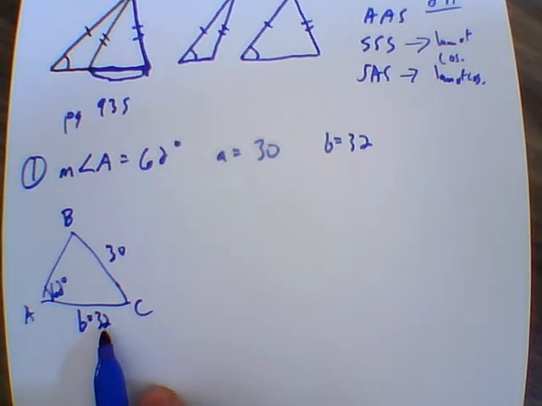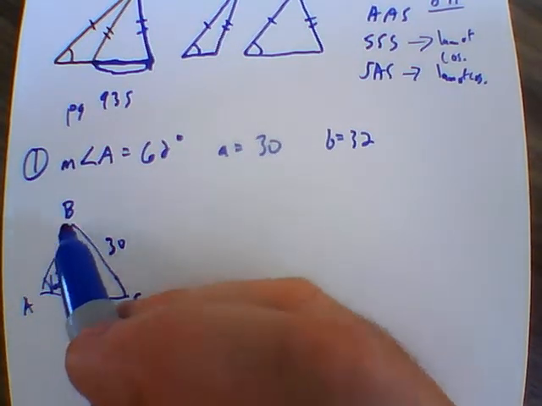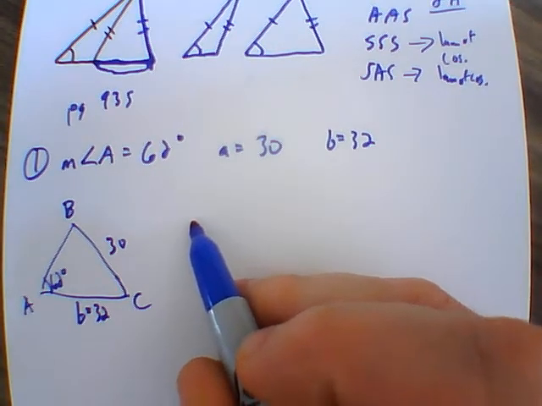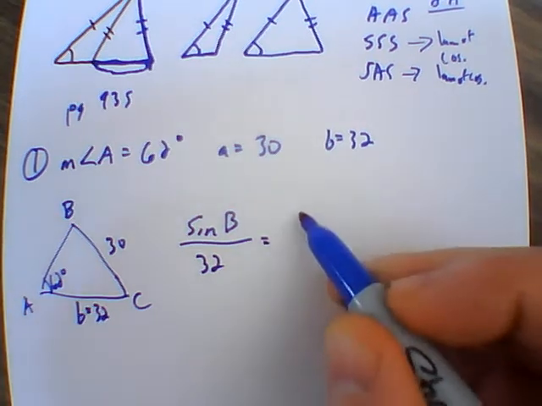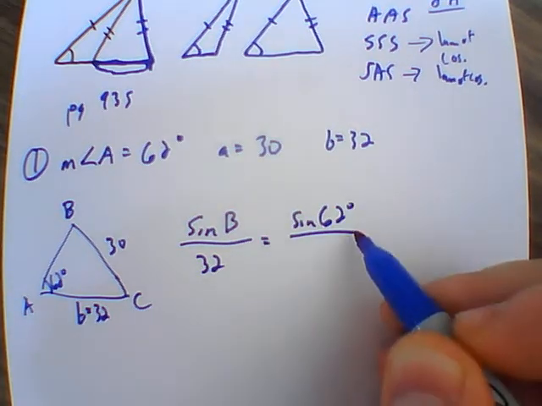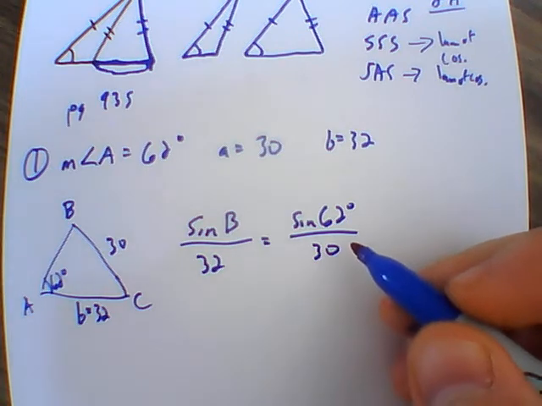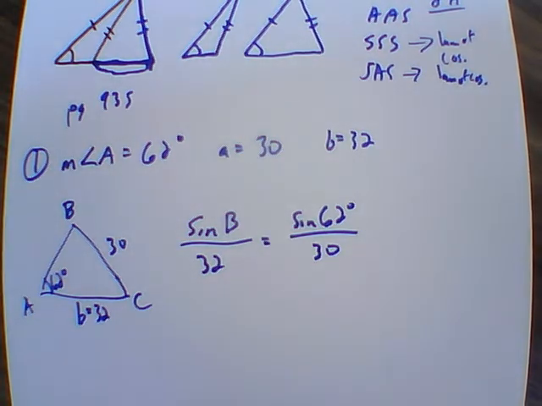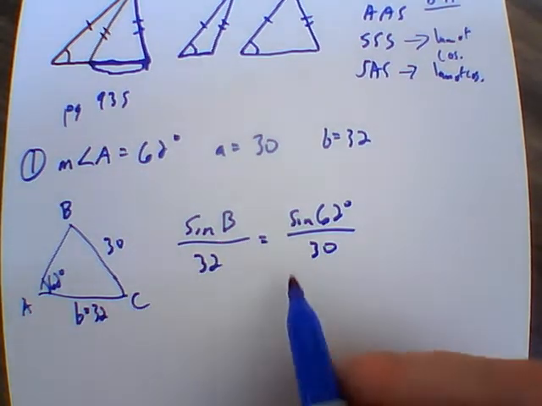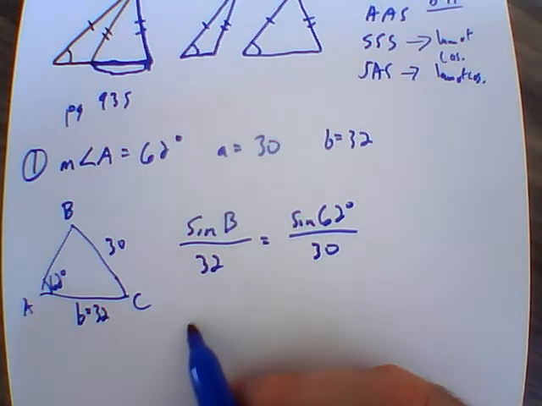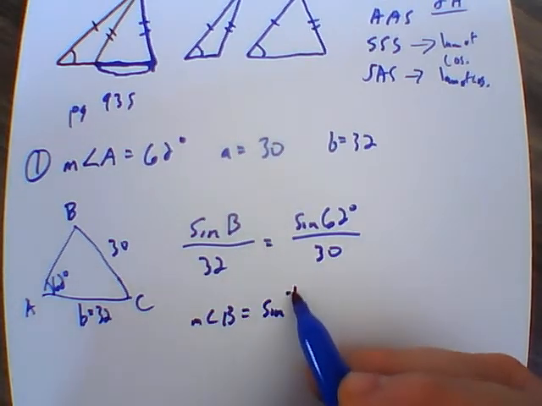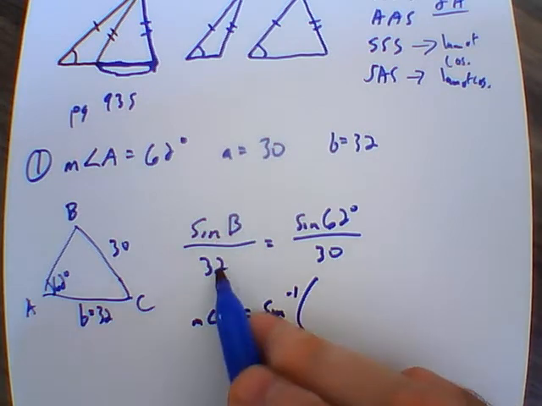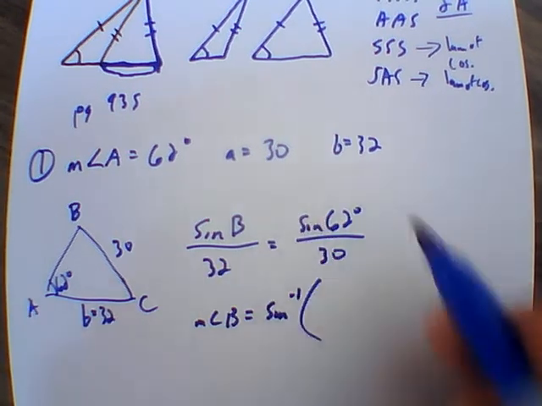So we have that 32 for a side length, so we want to revert this back to that angle. So we would say that sine of B over 32 would equal sine of 62 degrees over 30. From here we would solve for angle B. In solving for angle B, the measure of angle B would equal the sine inverse, because I'm going to take 32, multiply it over, then take the sine inverse of everything.